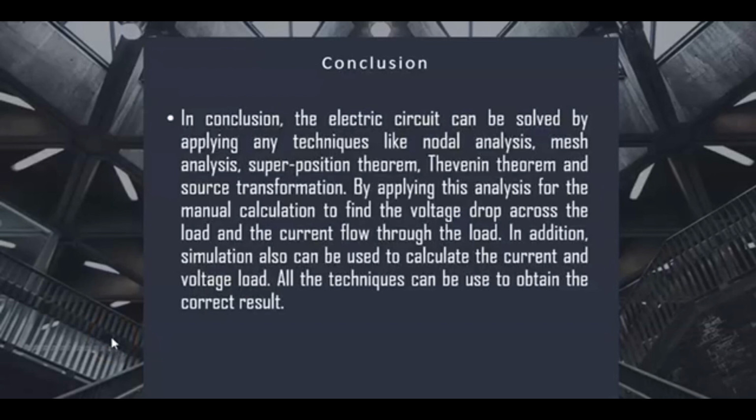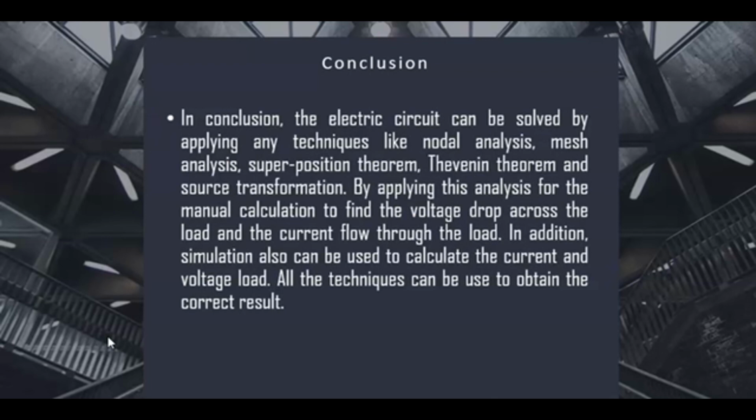In conclusion, the electric circuit can be solved by applying techniques like nodal analysis, mesh analysis, superposition theorem, Thevenin theorem, and source transformation.